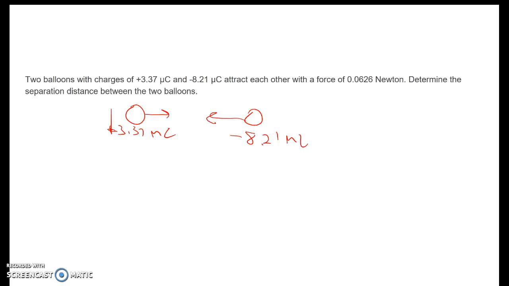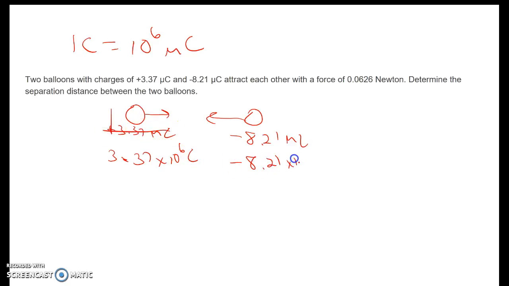We have to convert microcoulombs to coulombs. 1 microcoulomb is 10 to the negative 6 coulombs, so to make microcoulombs into coulombs, I multiply by 10 to the negative 6. So 3.37 times 10 to the negative 6 coulombs, and negative 8.21 times 10 to the negative 6 coulombs. So again, convert to coulombs.